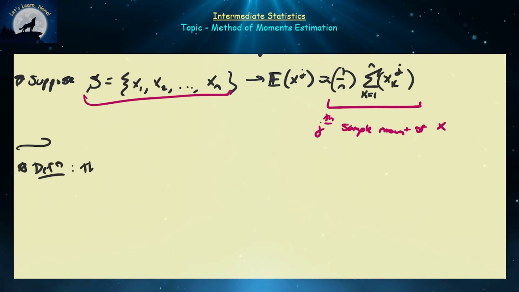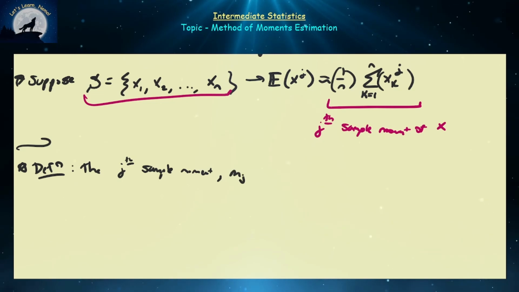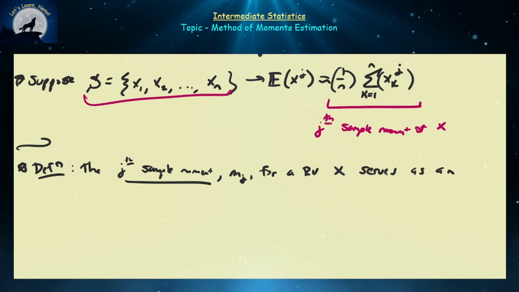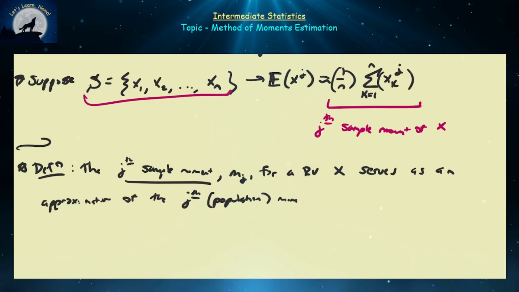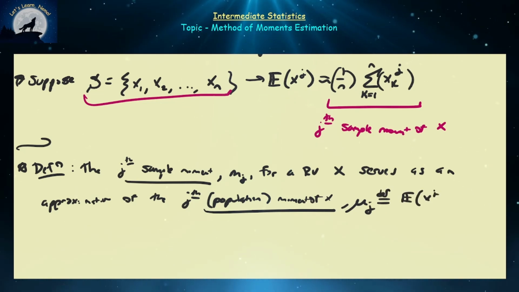Definition: the jth sample moment, which I'll abbreviate by little m_j, for a random variable x serves as an approximation of the jth population moment of x, which I'll abbreviate by mu_j, and we'll define mu_j to be equal to the expected value of x^j.